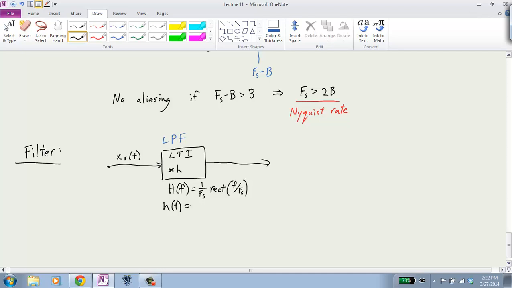It's the inverse Fourier transform of this. Think of sinc of fs t, or we can write sinc of t over the sampling period. It's a very nice process, just like we saw in last lecture, to reconstruct x.